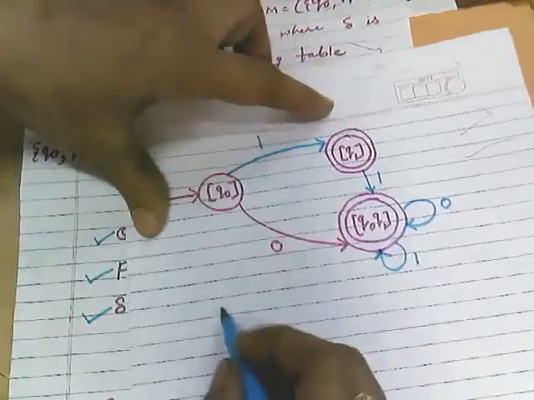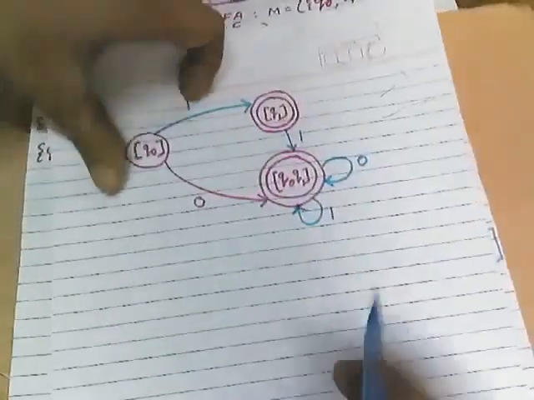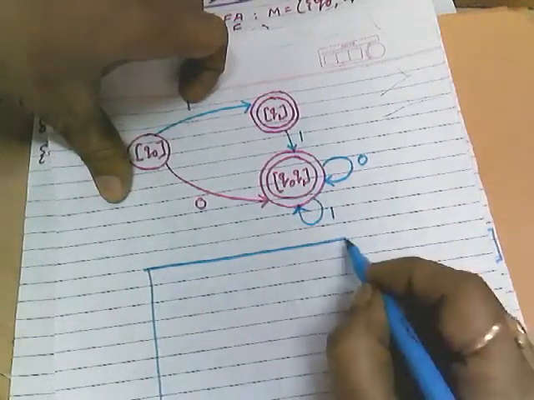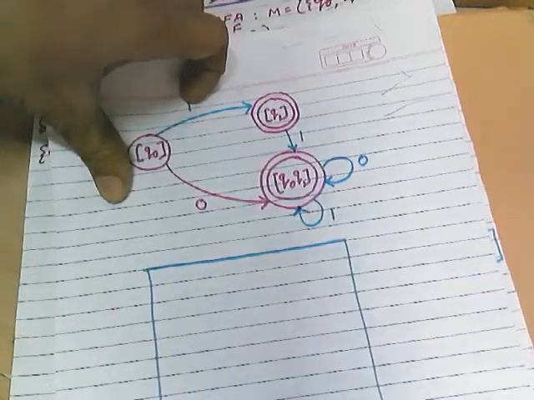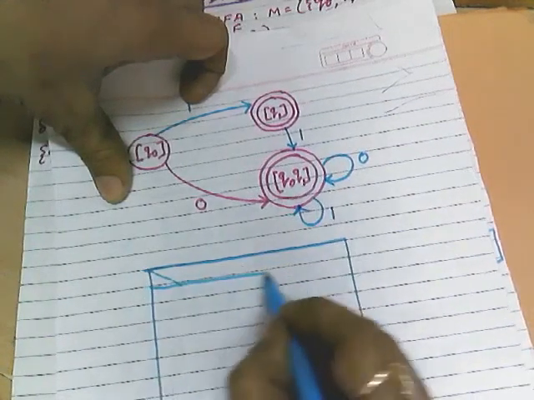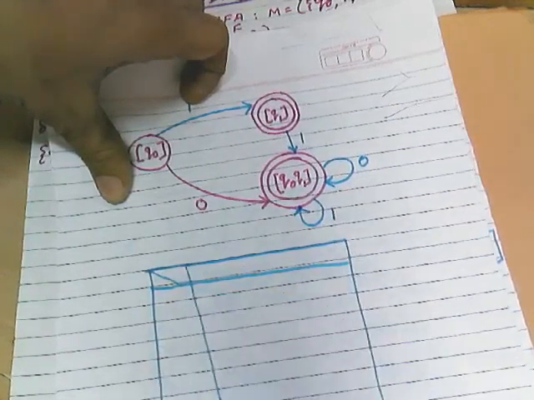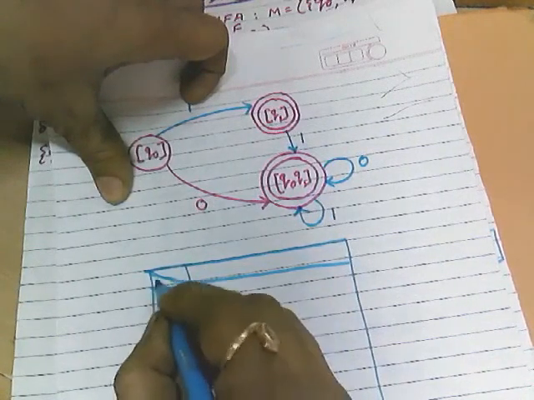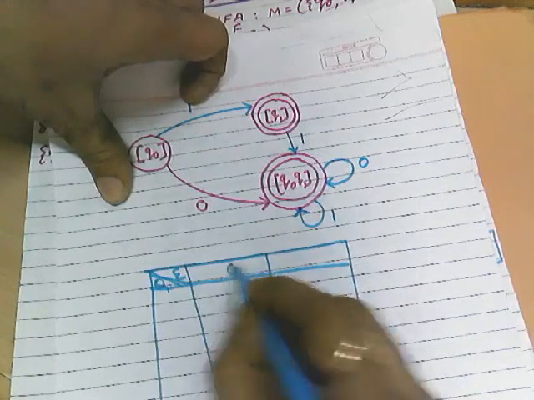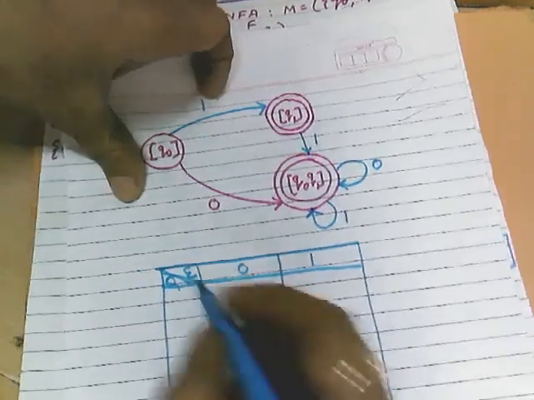Okay. Now how will we represent that in tabular form? Okay, so I will represent it like this. So this is my Q, this is my sigma. We have only two input symbols, 0 and 1. How many states are there?